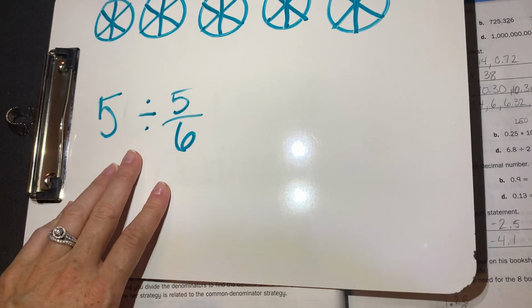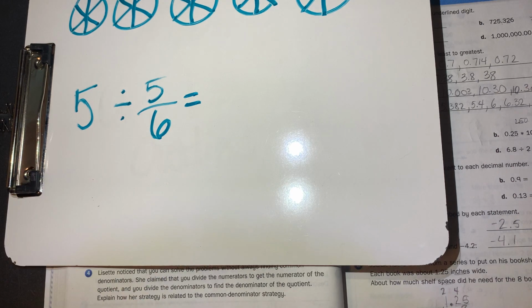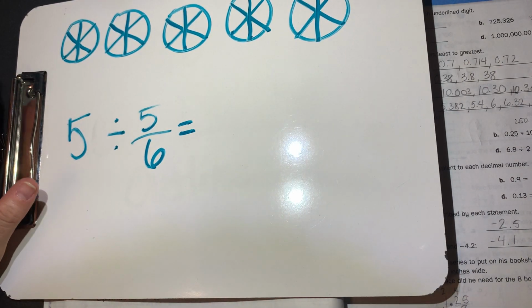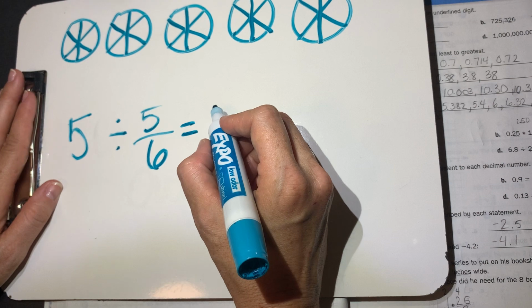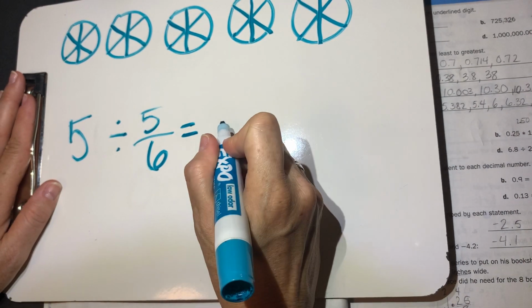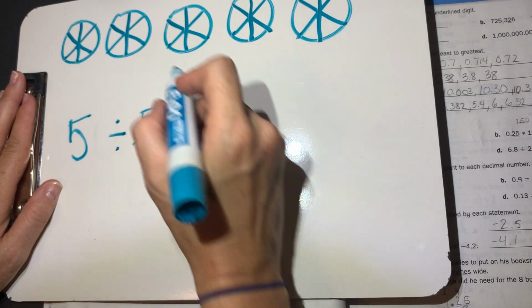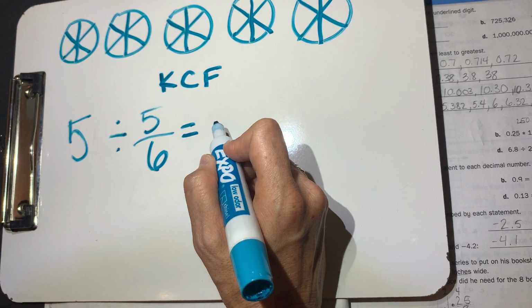And if I'm thinking keep, change, flip, what do I need to change my division problem into? Keep, change, flip. What do I do? Jagger, walk me through. Keep, change, flip. We'll do the first step first. What do I do first? If I'm doing keep, change, flip, what's my first thing to do?